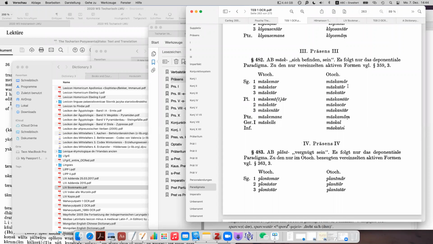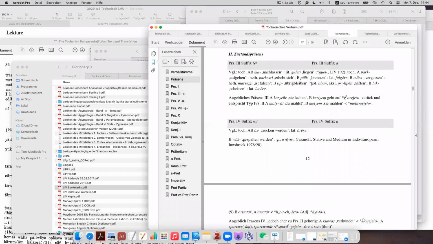They look different, but they go back to the same morpheme, namely the suffix aye or ayo. They go back to the same suffix.